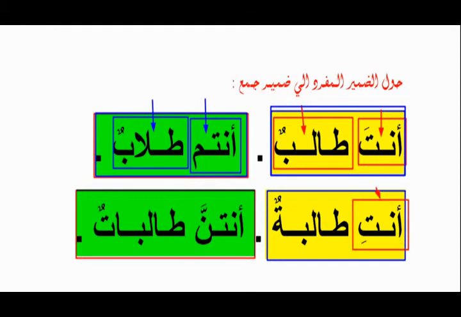Anti talibatun, as if in a conversation. Or if you're in a conversation and there happens to be 3 or more females, you would say antunna talibatun. And there you have it, brothers and sisters. Pretty simple.